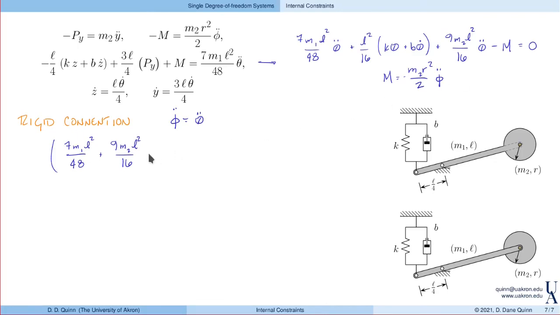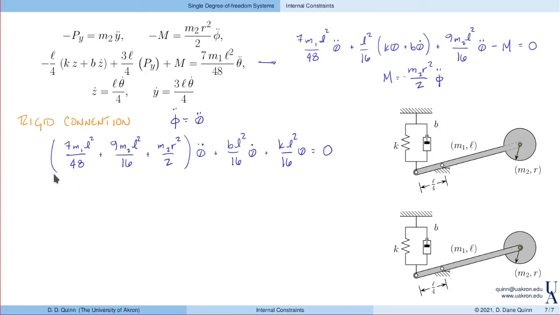And then finally, I have plus m2r squared over 2, theta double dot, plus bL squared over 16 times theta double dot. That's due to the damping. Finally, KL squared over 16 times theta is equal to 0. So this becomes the equation of motion if I have a rigid connection.